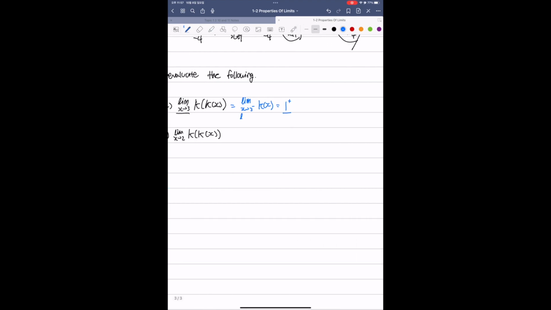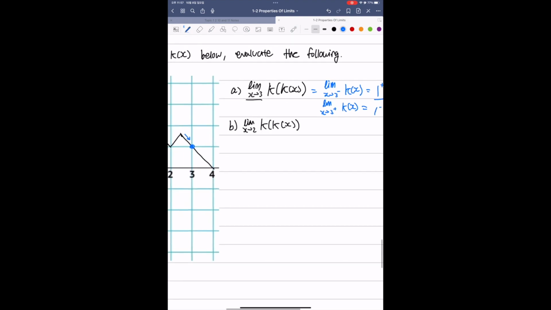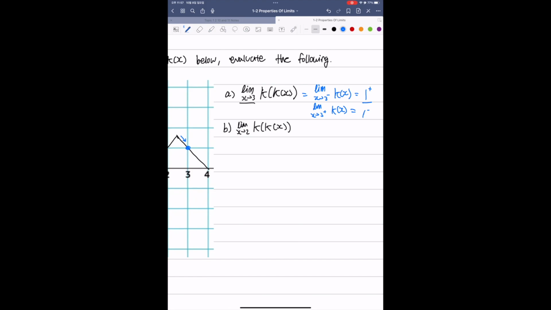And then, the limit as x goes towards 3 plus of the function equals 1 minus. It is also because, by the same rule, we are looking for the value going this way, and it is a little bit less than 1.